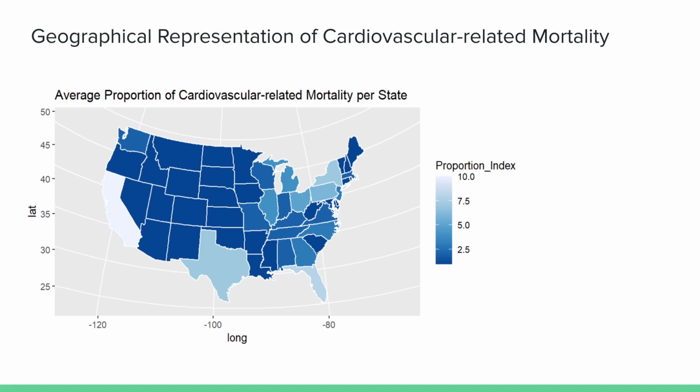And so, one type of pattern that we could see was that states that have very large urban metropolitan cities, people who live there are much more likely to die from whatever cardiovascular disease that they have than the people who live in more rural states or states that have more rural areas.